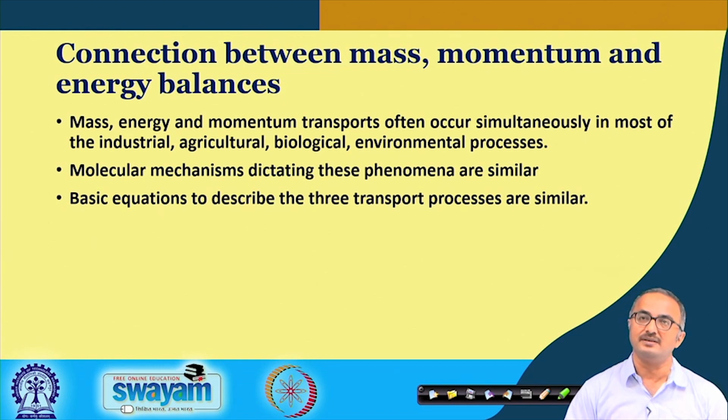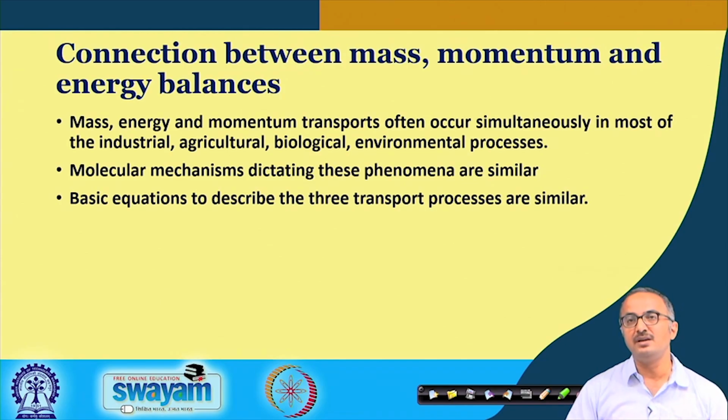And we shall also find that even though mass, momentum and energy apparently look dissimilar, when you write the conservation laws for these three, there is some kind of similarity in their expressions. Because of this similarity, the methods of solution to obtain various quantities like species concentration, temperature, velocity, flow rate, etc., are also similar.